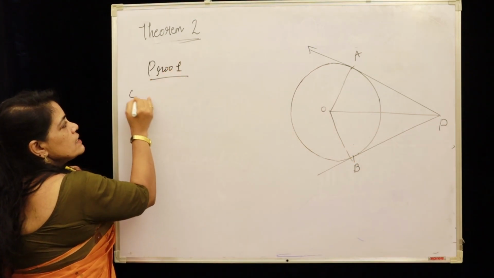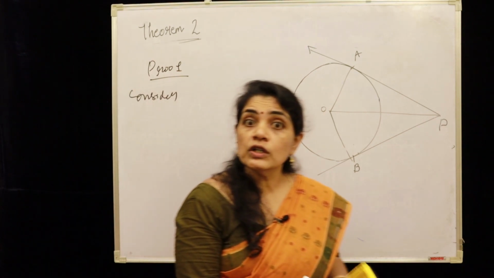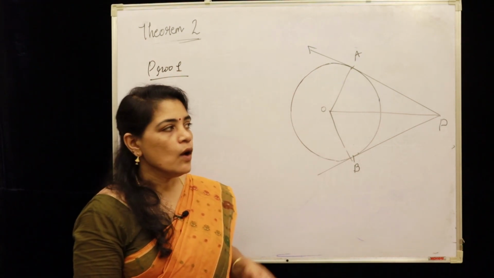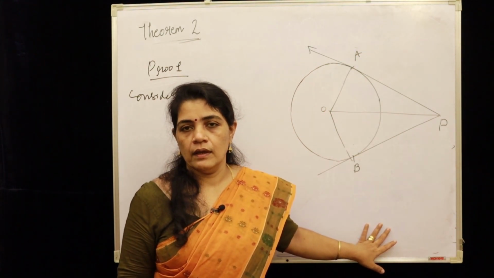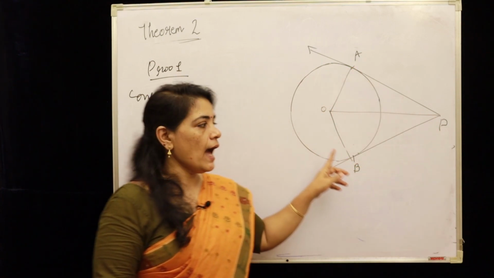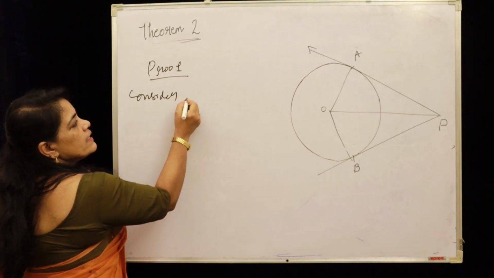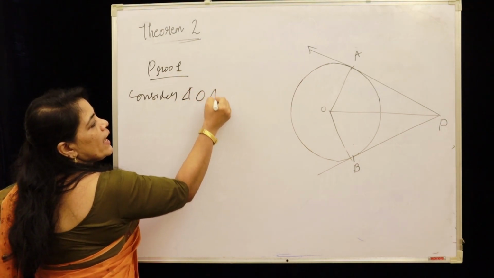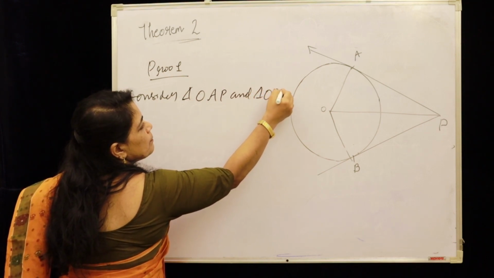You can see two triangles, one above OP and another one below OP. So consider triangle OAP and triangle OBP.